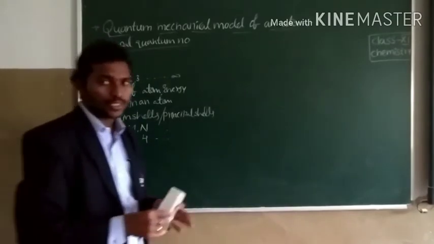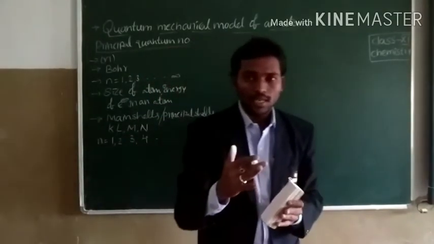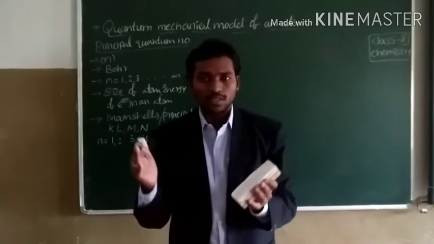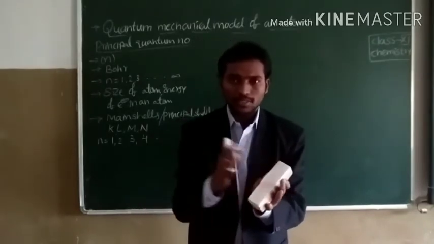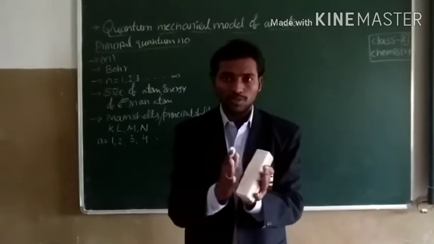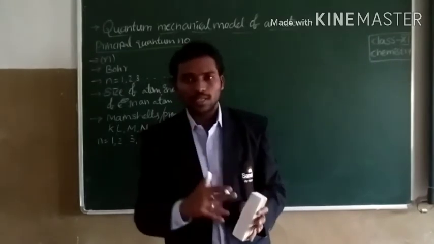When the electron is present in the first energy level, its energy is less, because the force of attraction between the nucleus and electron in the first orbit is more. When the force of attraction is more, energy of the electron is less.